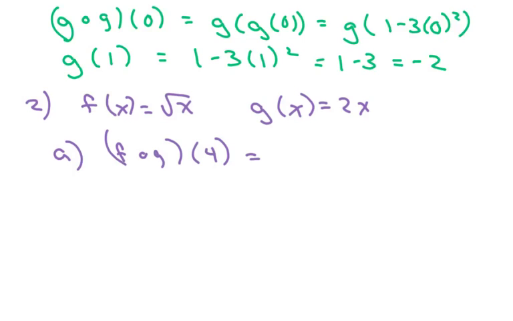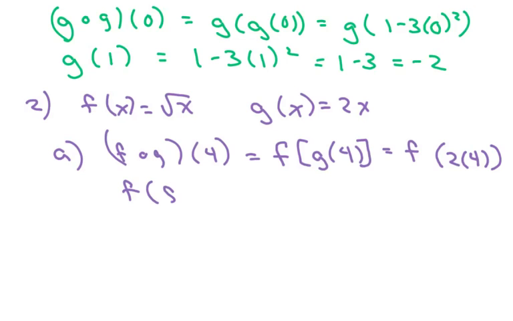So this is going to equal f of g of 4, which equals f. You do your inner function first, and that's going to be f of 8. F of 8 is the square root of 8, which equals 2 square root of 2.